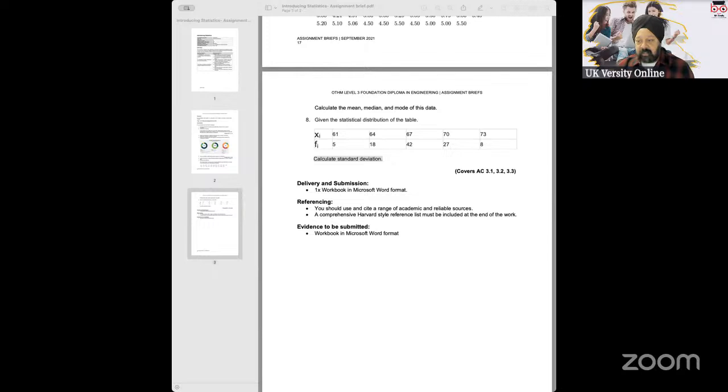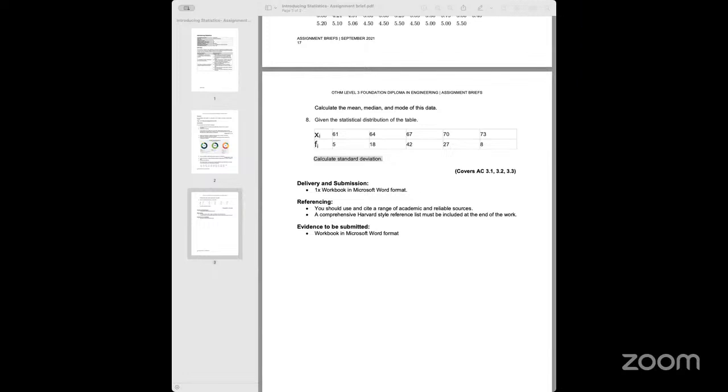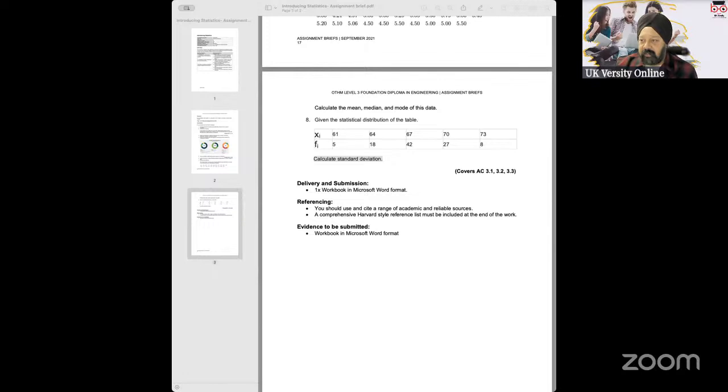So if I look at the formula of standard deviation, let me just have a quick look if I can find it on Google, to show you visually the formula of standard deviation. Yeah, so I've got the visual formula of it. Let me bring it onto a slide and share that with you.